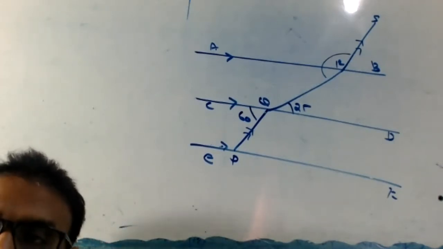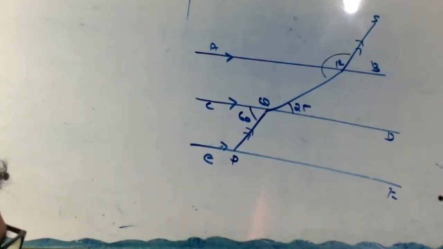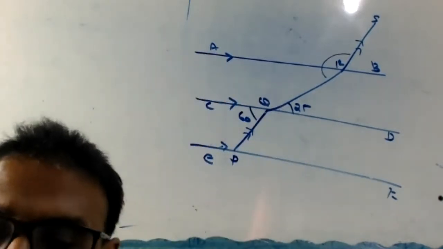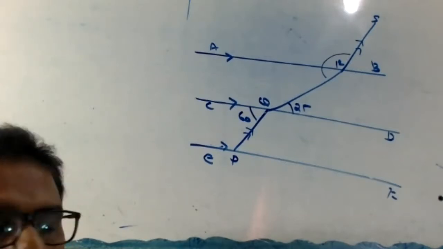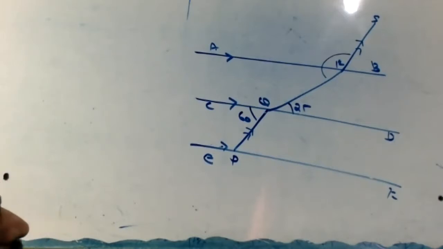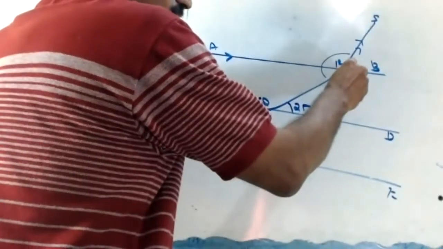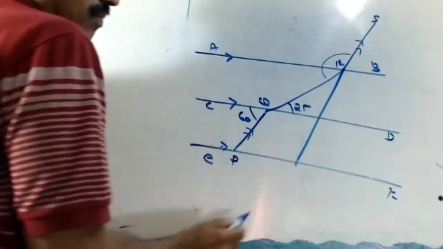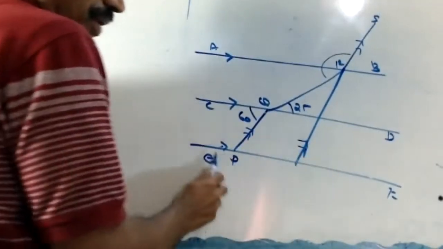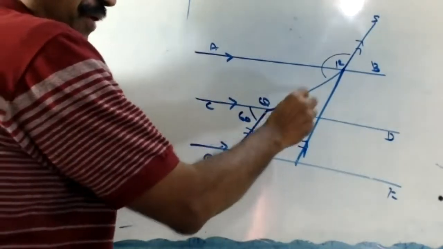Now look here. I'll show this one. Question clear now? Draw the figure once again. AB parallel to CD parallel to EF. PQ parallel to RS. There is a small construction. Extend this one like this. So this is a line parallel here. This is 25, this is also 25.